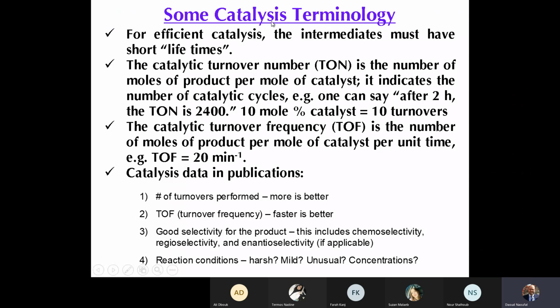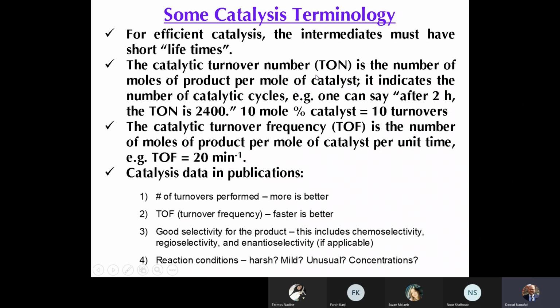We have some definitions for good catalysis. The intermediates must have short lifetimes. That means the intermediates should not be stable in order to continue the catalytic cycle.